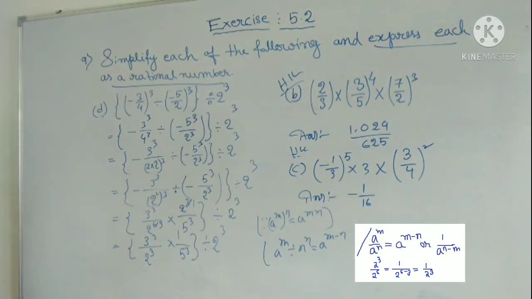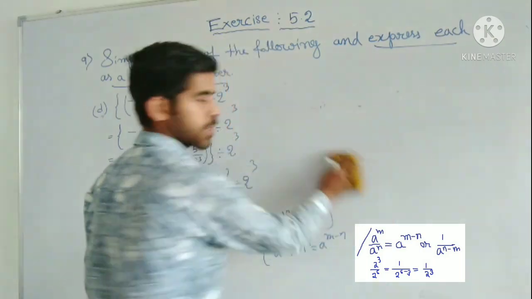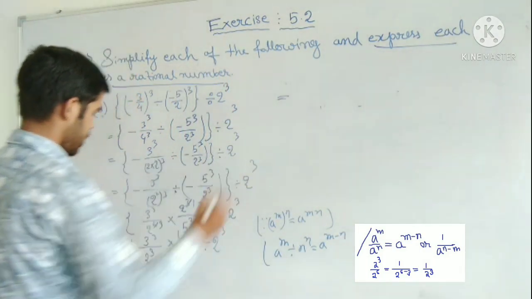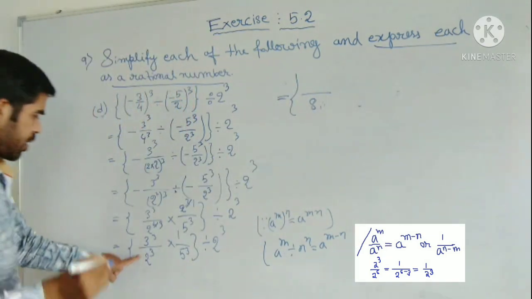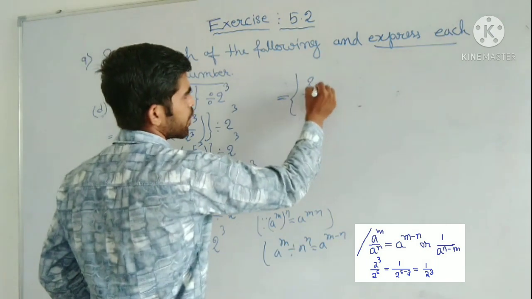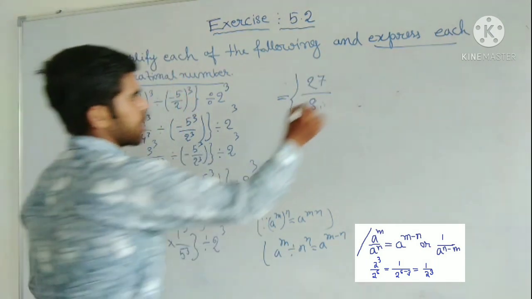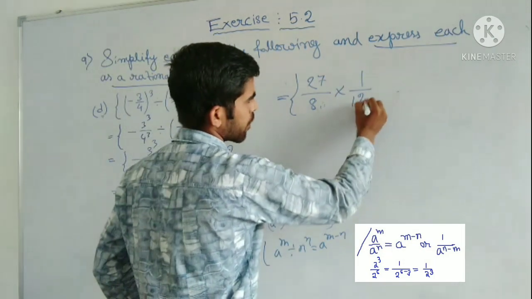Now see, afterward there 2 cube means 8 and 3 cube means 27. Okay, and then there 5 cube means 125.